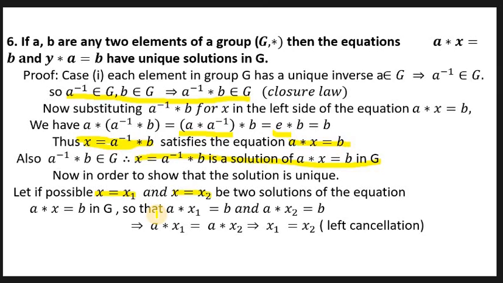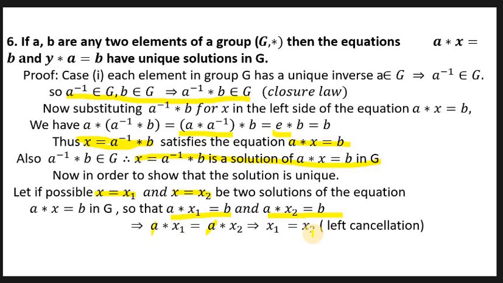They are A star x1 is equal to B and A star x2 is equal to B. Since both of them are equal to B, therefore A star x1 is equal to A star x2. Now by left cancellation law, we have cancelled A, so we get x1 is equal to x2.